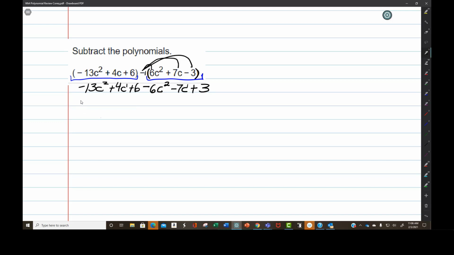So I'm going to have negative 13c squared minus 6c squared plus 4c minus 7c plus 6 plus 3, because we had negative times negative is positive. So positive 6 plus 3.